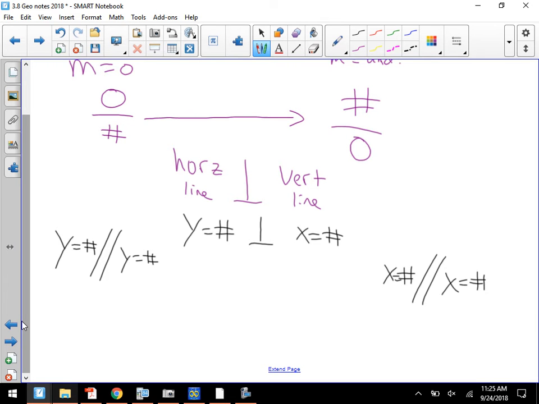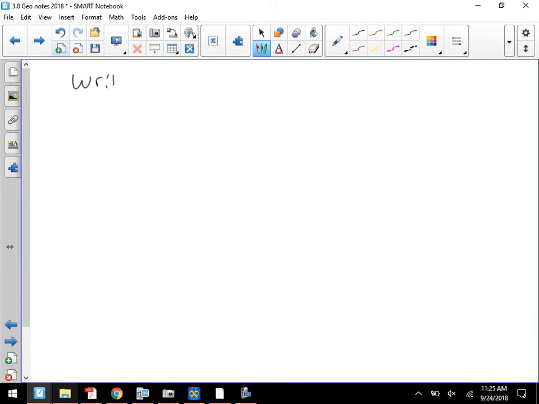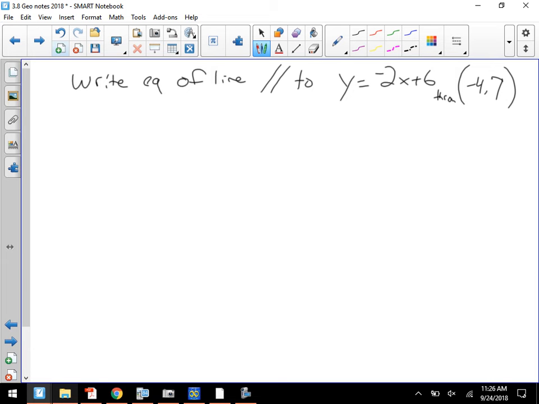Let's say you have the example: write the equation of a line parallel to y equals -2x + 6 through the point -4 and 7.